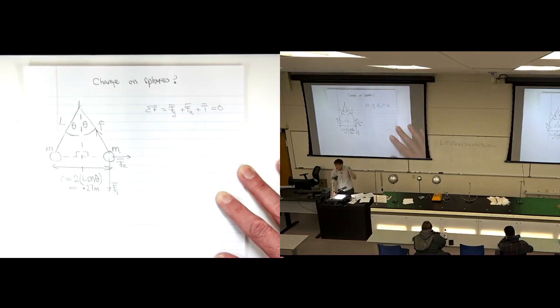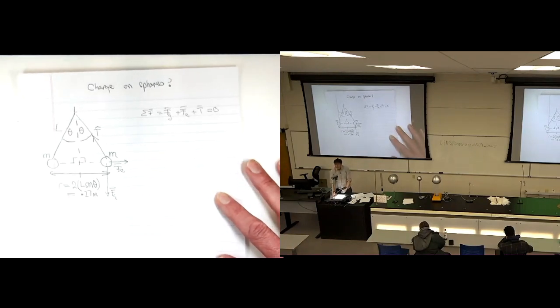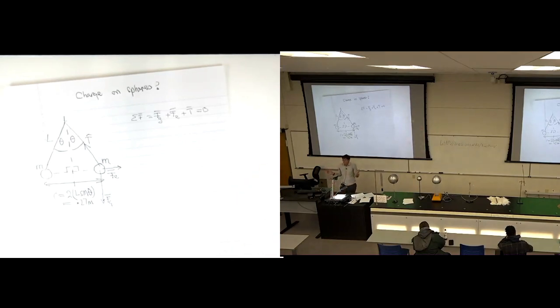Those three force arrows, Fg, Fe, and T, must add up as vectors to give 0 net force, because that sphere is just sitting there in space and not accelerating. So that's my basic principle, the key idea for solving this problem.